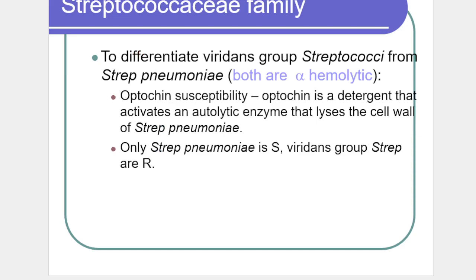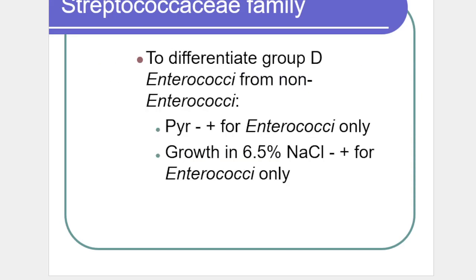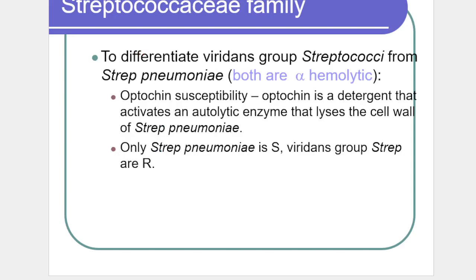Group A, positive for PYR. As well as yung growth in 6.5 NaCl, enterococci lang. So, PYR at saka growth in 6.5 NaCl, so for enterococci only. Okay? Negative for non-enterococci. Pag alpha hemolysis naman, okay?